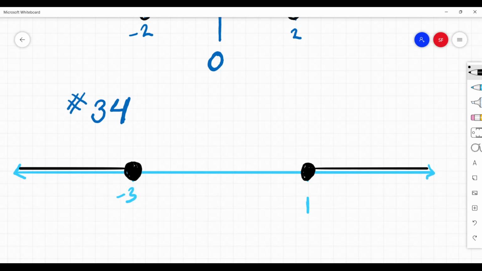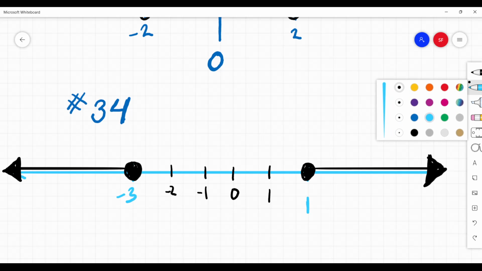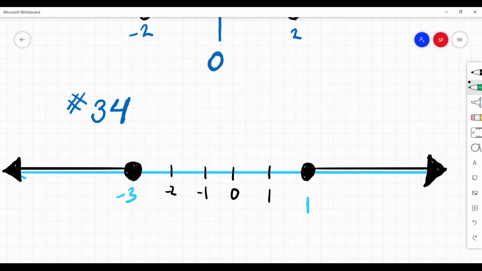We find the center of this. It's where we're centered around. So what's the middle of this? Go -2, -1, 0, 1. And we walk into -1 is what you're telling me, which sounds accurate.